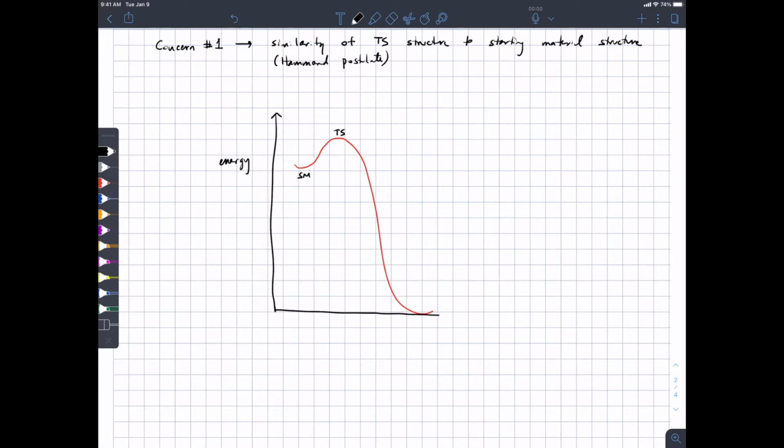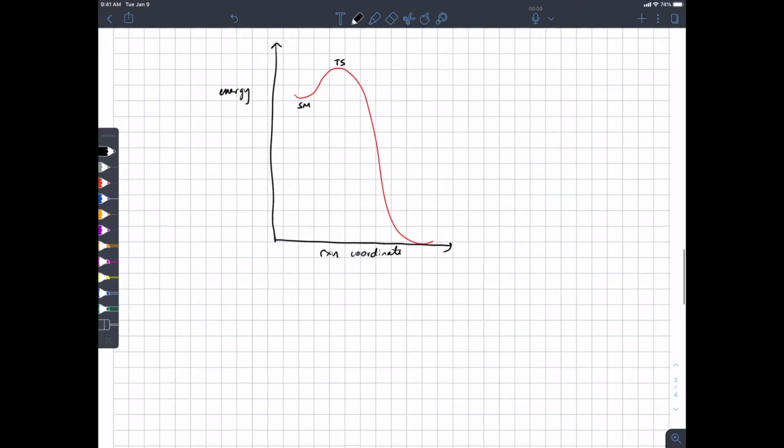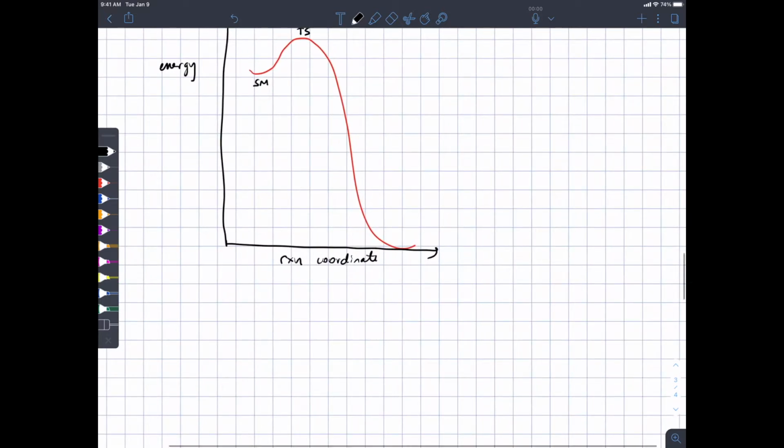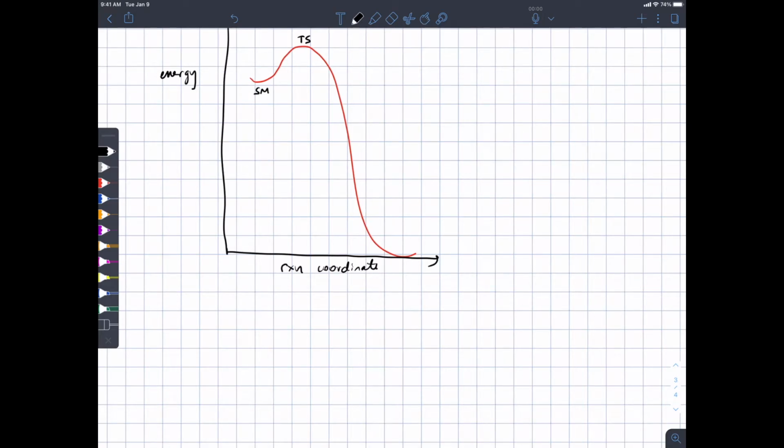And of course, on this axis, we have energy. And on this axis, we have reaction coordinate. And usually that reaction coordinate is related to a particular vibration. As an example, suppose we have a reaction where A is bonded to hydrogen, and then B comes in and removes the hydrogen from A. So in the end, we have this.